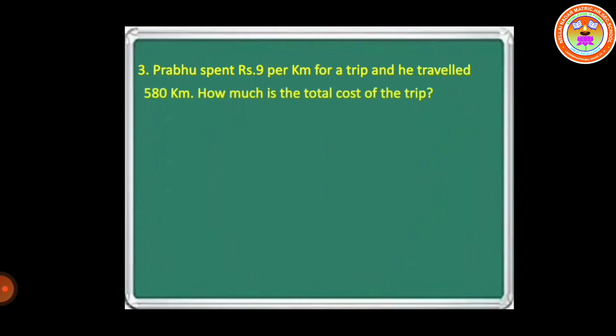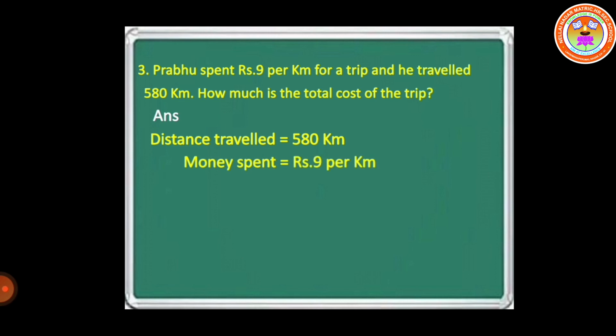Prabhu spent rupees 9 per kilometer for a trip and he travelled 580 kilometer. How much is the total cost of the trip? Let us see the answer. Distance travelled equal to 580 kilometer and the money spent is rupees 9 per kilometer.